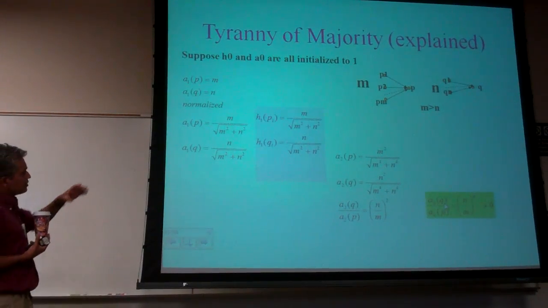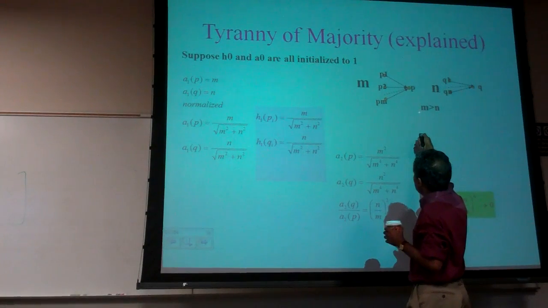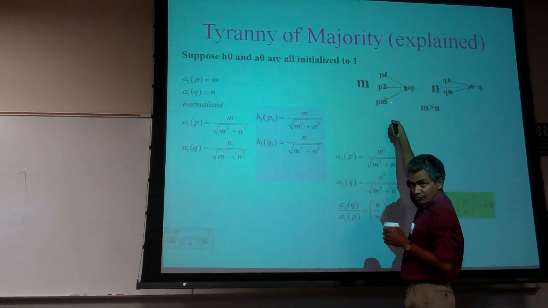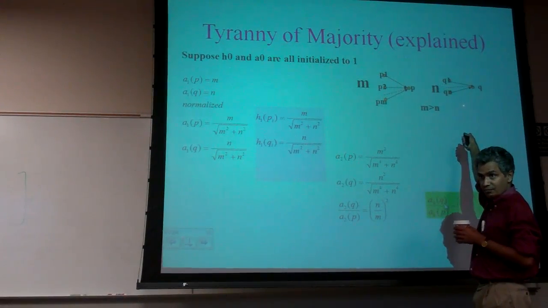After the first iteration, the authority of page P would be M, and the authority of page Q would be N.